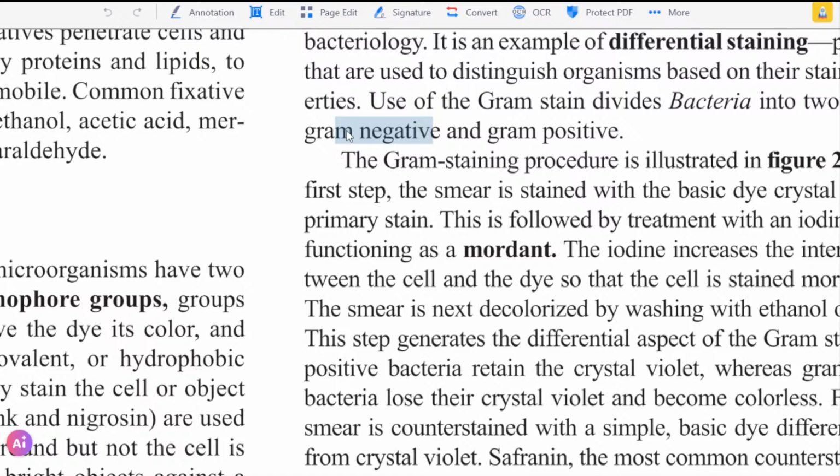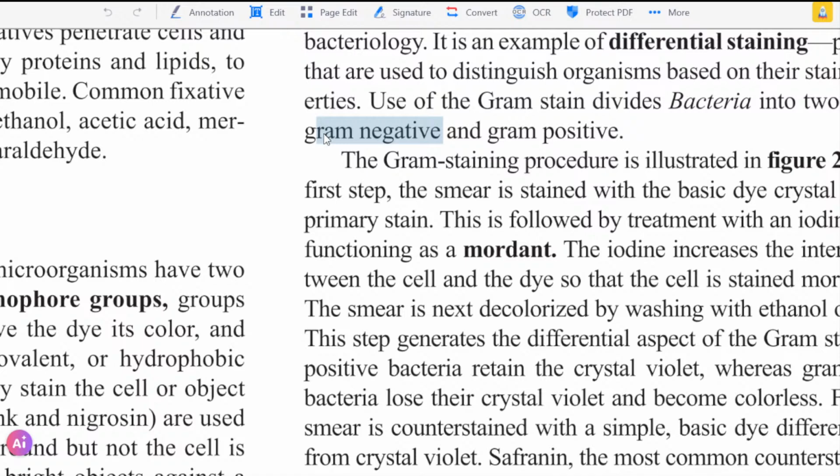The only difference is that gram positive bacteria retain the color when washed with alcohol, while gram negative bacteria, when washed with alcohol or ethanol, lose their lipid layer and with that lose the stain, so they appear transparent again.